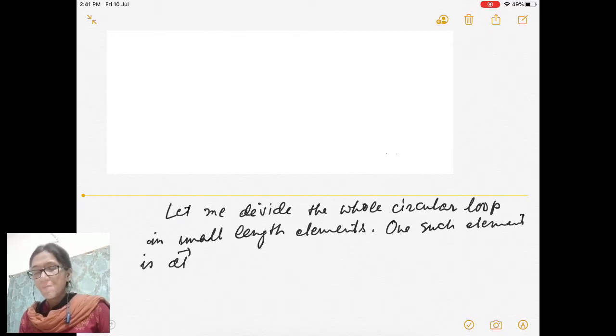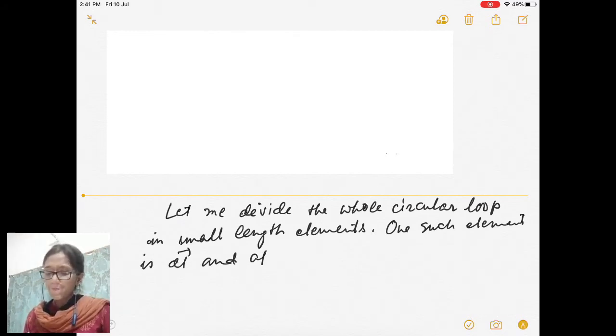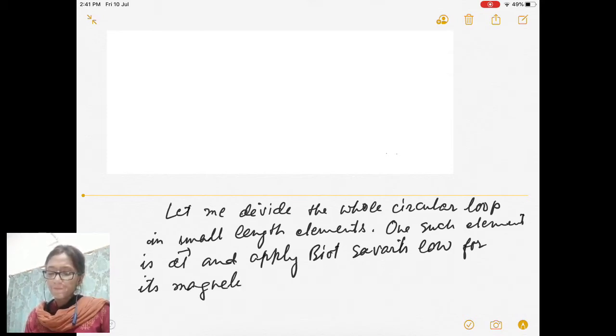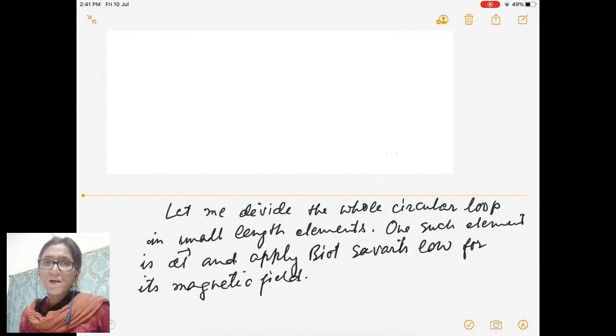And apply Biot-Savart's law for its magnetic field, as Biot-Savart's law is for small length elements.